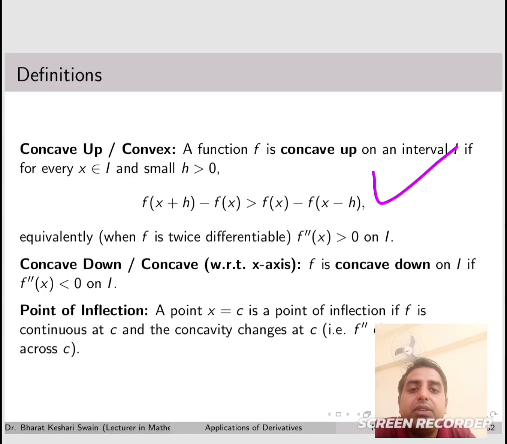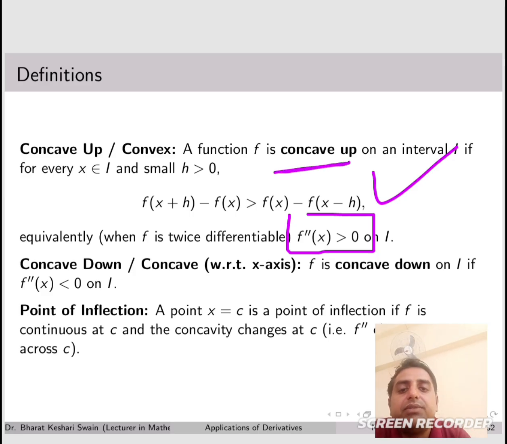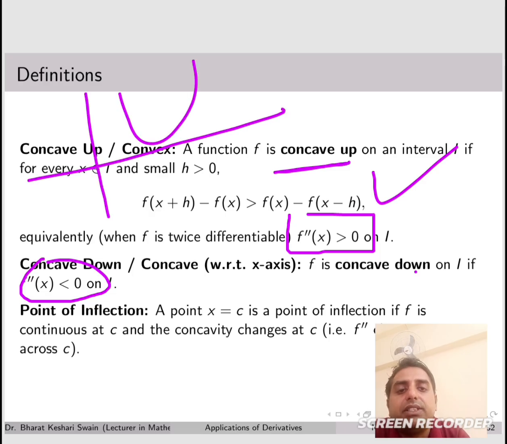Equivalently, when f is twice differentiable, if f double dash x is greater than 0, then the function is concave up. And if f double dash x is less than 0, then f is concave down. This is concave up and this is concave down.